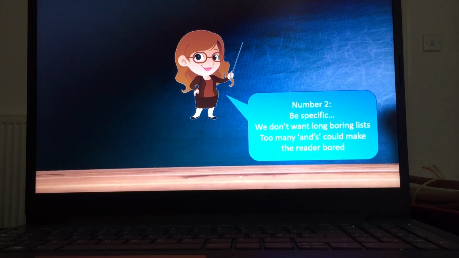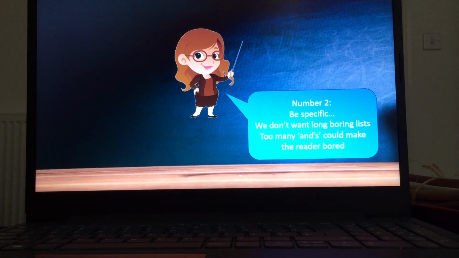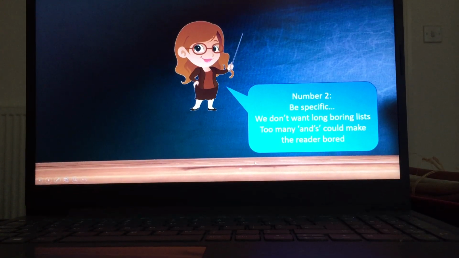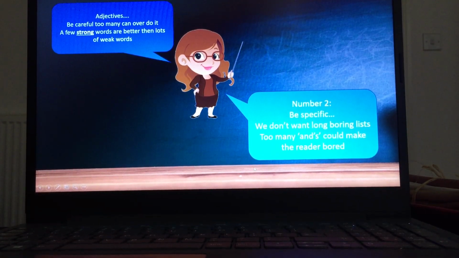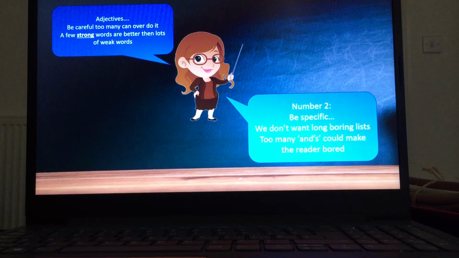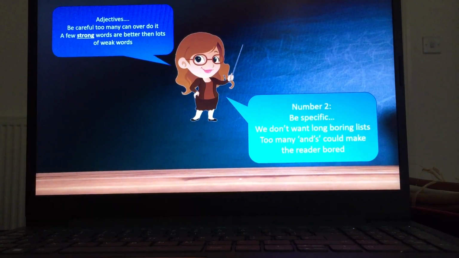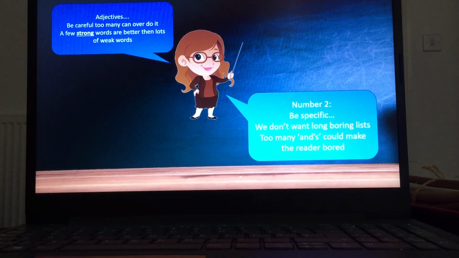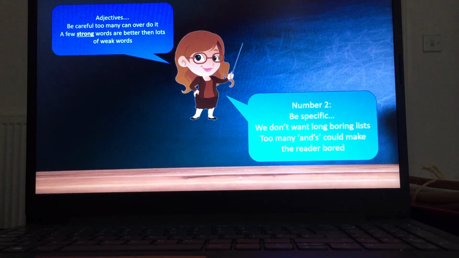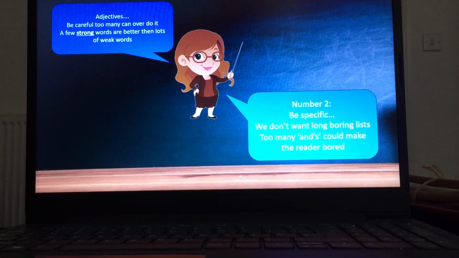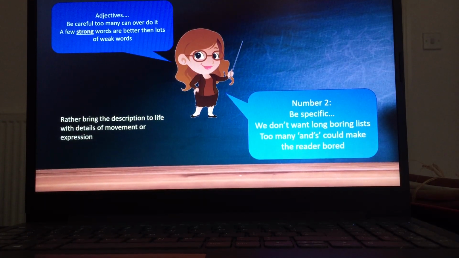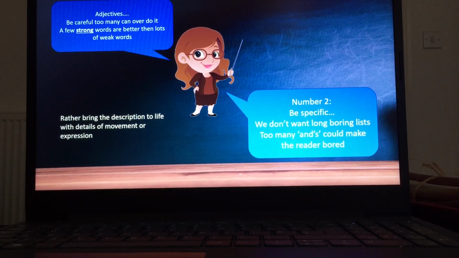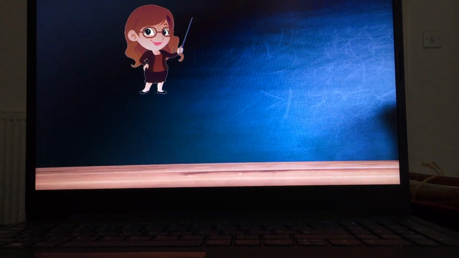And if you start to have too many ands in your sentence, you could make your reader very bored. Although adjectives are good to have in your descriptive writing, be careful, too many can overdo it. A few strong words are better than lots of weak words. Rather bring the description to life with detail of movement or expression.